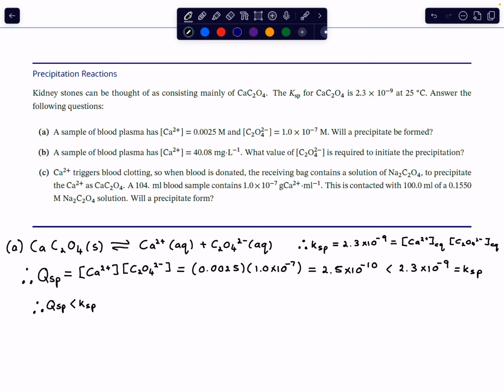So until we reach the equilibrium concentrations is essentially what this Q tells us. It's like the reaction quotient. It tells us we can still favor the forward reaction until we reach equilibrium, until we reach the saturation point. So for this specific combination of concentrations, no precipitate will form.